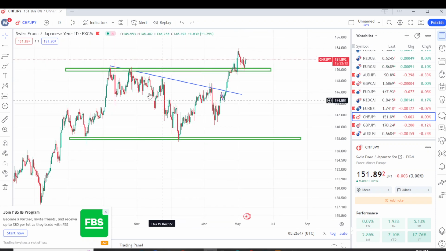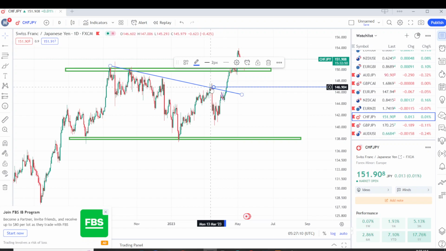Considering this currency, CHF JPY, we had this trend line here which we had drawn, but when the price came and broke this trend line and closed at this point, we could enter into a buy trade. Then price continued further up. It never retraced back.